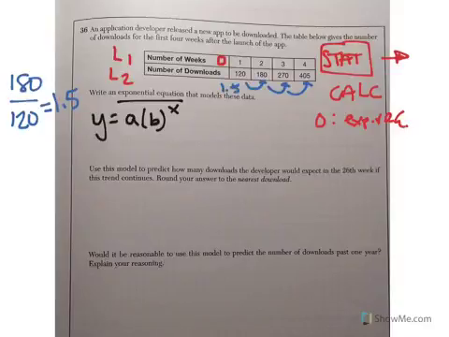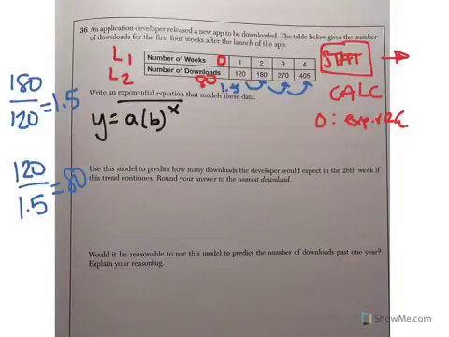So what we could do is work backwards, and to do that, we would take 120 and divide by 1.5, and 120 divided by 1.5 would give us 80. So 80 would be your y-intercept. Okay, so at 0 weeks, you've already had 80 downloads.